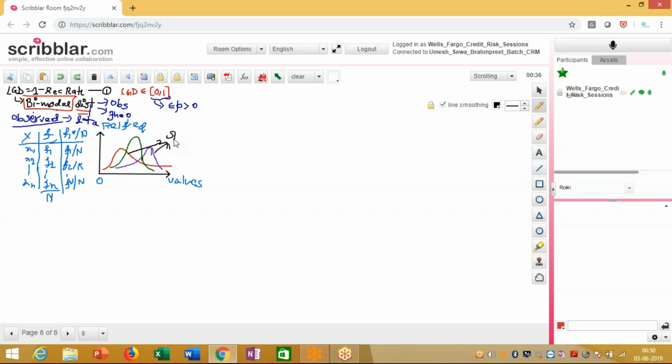This is your skewed distribution. And the one over here is a symmetric distribution. Now what causes a distribution to be skewed? And what causes a distribution to be symmetric? That is simply the question I'm asking you. Right? So what is a skewed distribution? What is a symmetric distribution?